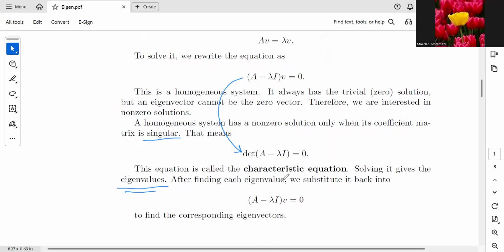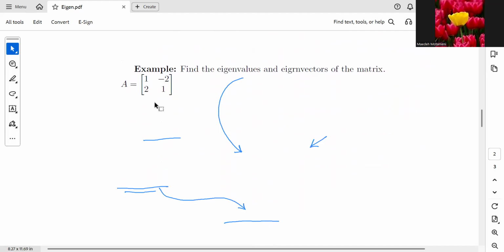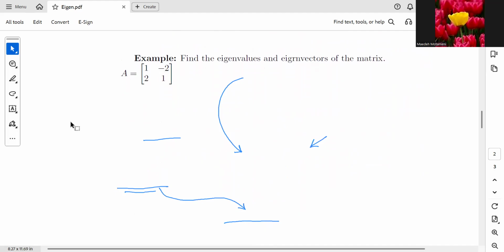After finding each eigenvalue, we substitute it back into the formula that we had, and it helps us find the corresponding eigenvectors. As we talked about before, for each eigenvalue, we have an eigenvector related to it. So let's talk about two examples.